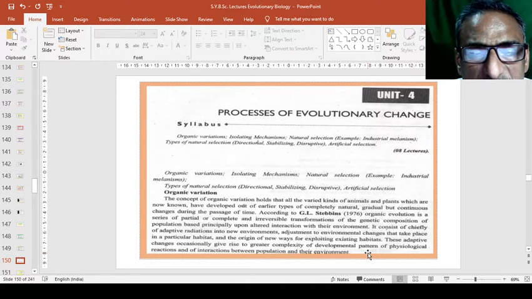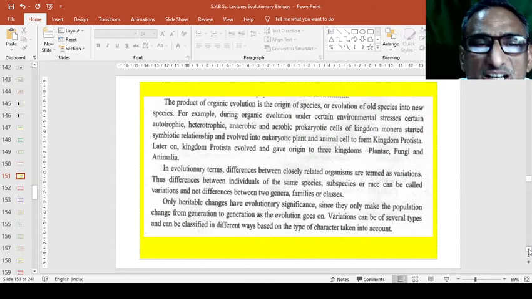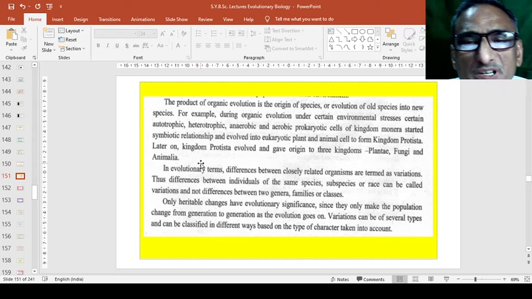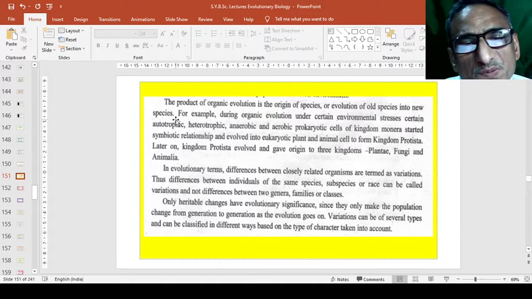So here we can study the series of partial or complete and irreversible transformations of the genetic composition, because the genetic elements play a key role in the evolution or development of animals in an environment. The product of organic evolution is the origin of species, or evolution of old species into new species.